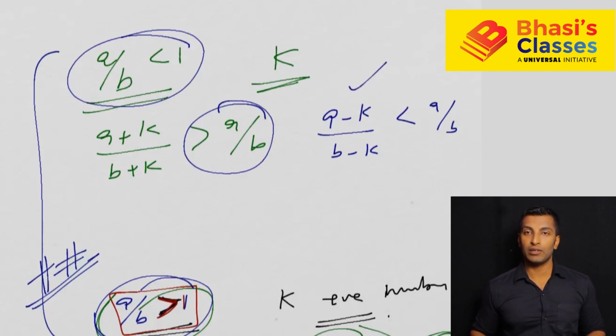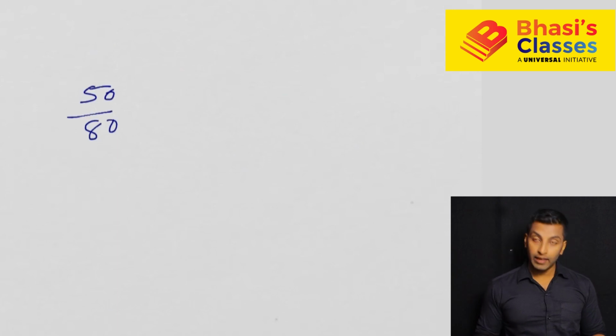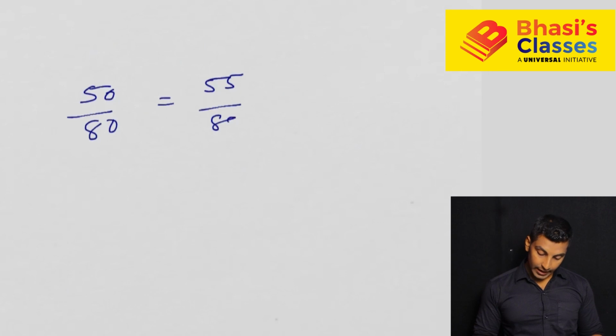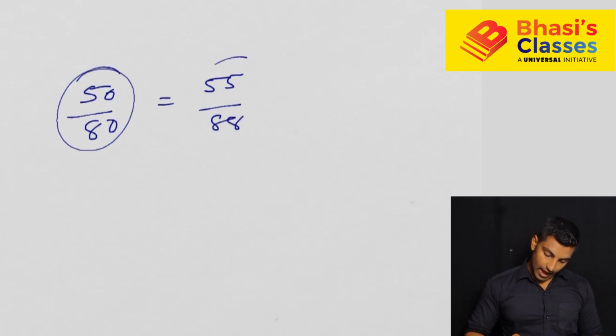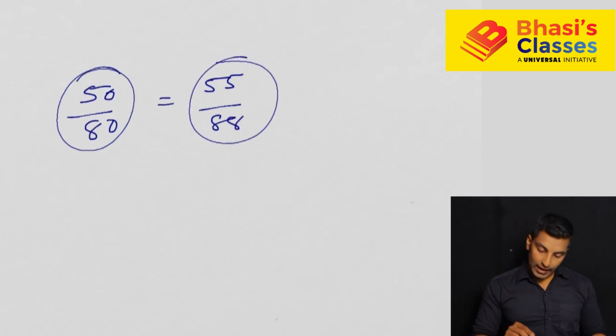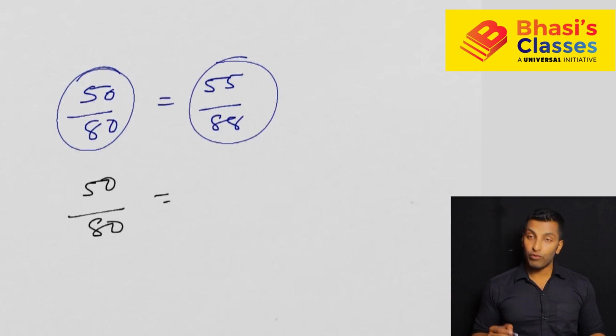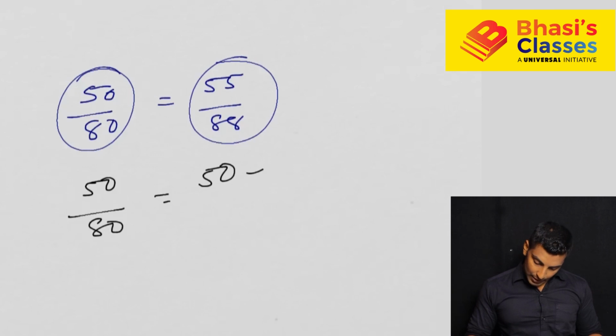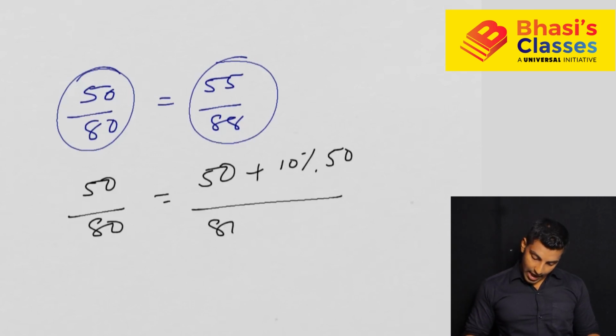A lot of applications you will see, and in fact we will discuss applications of this. Now let's suppose you have 5 by 8, or 50 by 80. Now you have another ratio, 55 by 88. See, this and this will be the same. The reason is that 55 by 88 is 50 plus 10% of 50 divided by 80 plus 10% of 80.